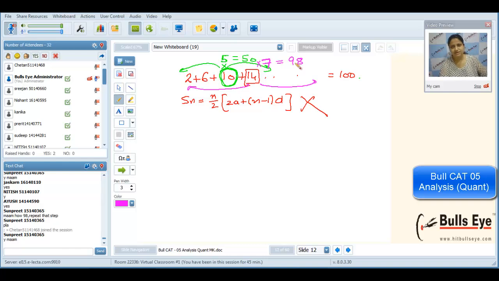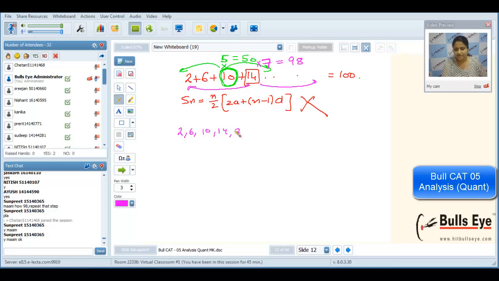Is it okay, Sanpreet, now? And we want to make it 100. So if we take 2 red balls, then 6, then 10, then 14, then 18, then 22 and then 26. Till this moment, the sum will be 98. And we want the sum to be 100. It means we will add 2 to this AP.